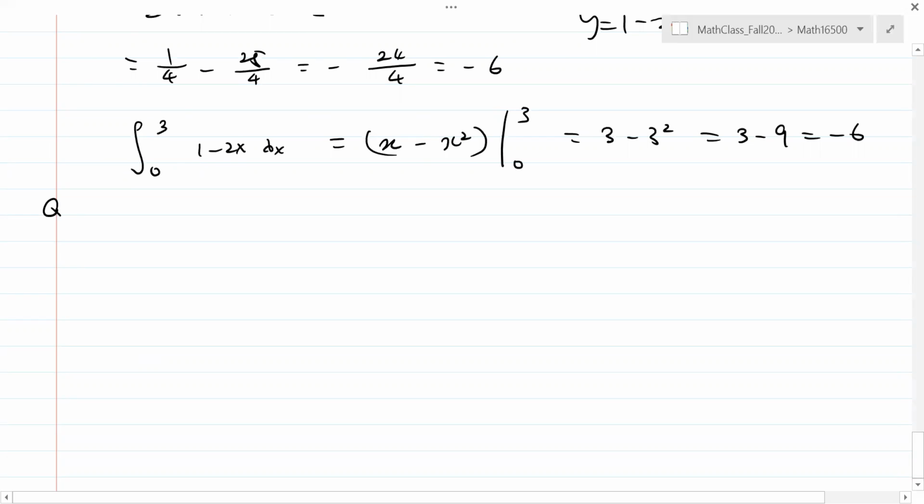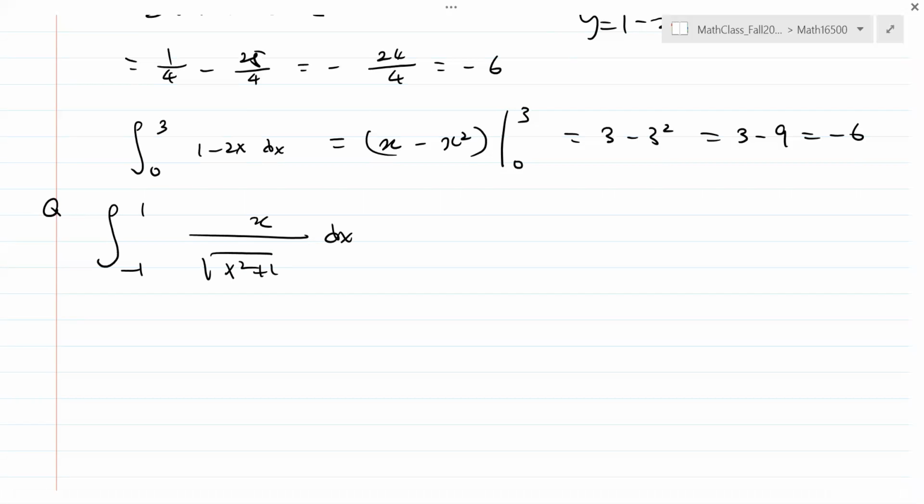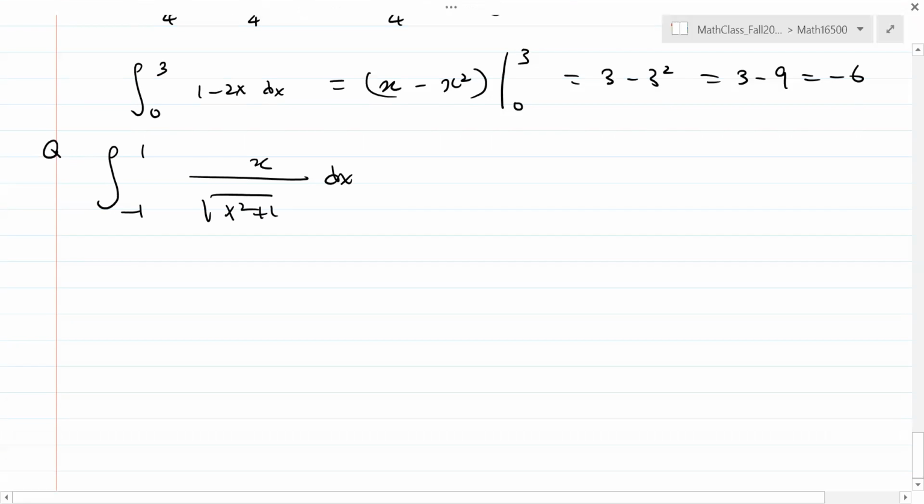All right, so let's take a look at the next one. Well, this one, I cannot do directly. I can express it as a Riemann sum.